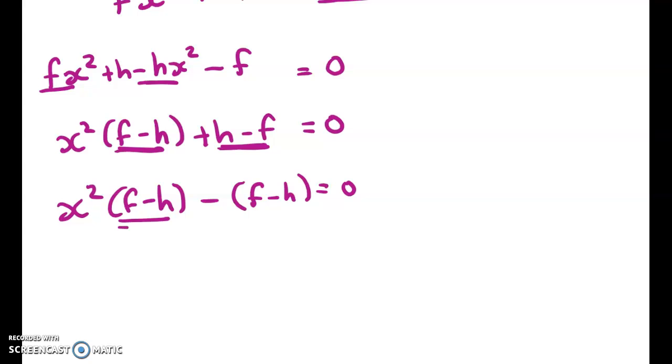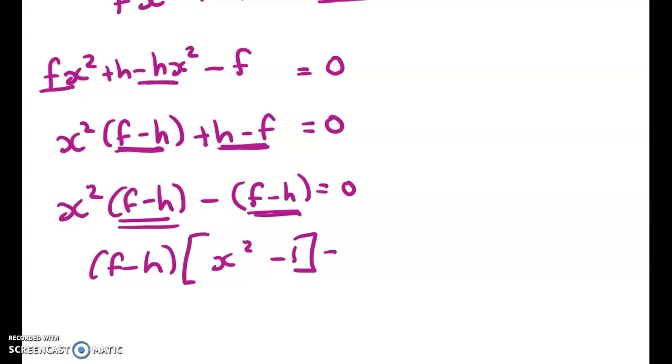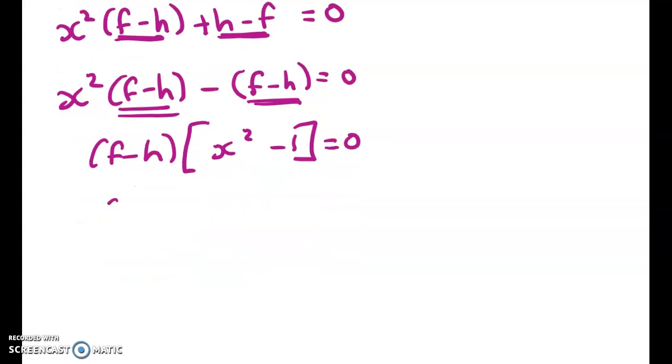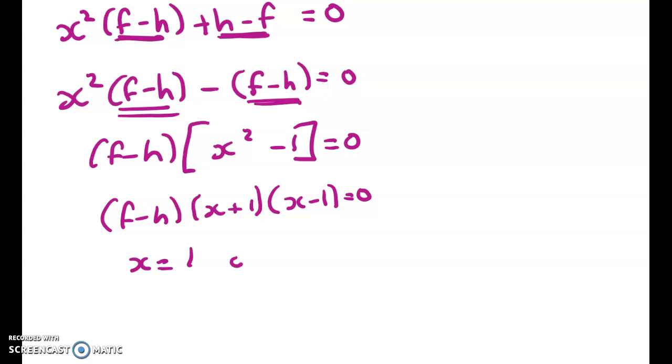That gives me a common factor of f minus h. So we can take that common factor out the front, leaving me with this. So f minus h times x plus 1 times x minus 1 equals 0. And my solutions are x equals 1 or negative 1.